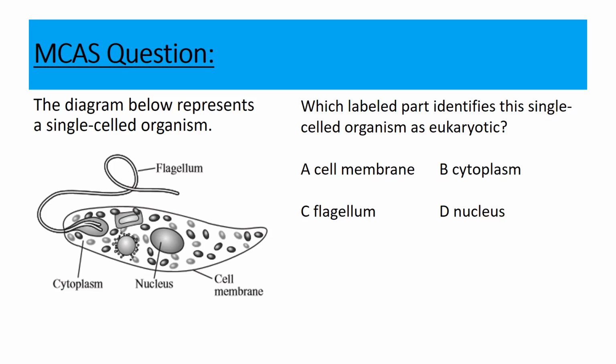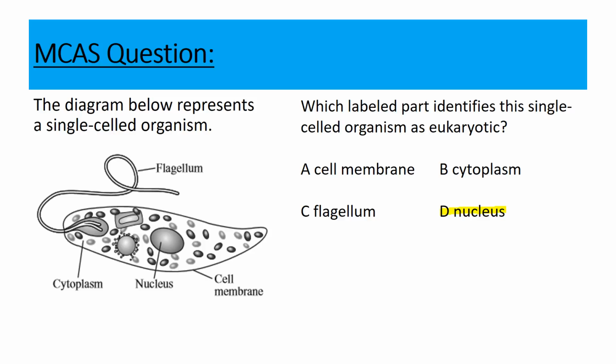The diagram below represents a single-celled organism. Which labeled part identifies this single-celled organism as eukaryotic? A, cell membrane, B, cytoplasm, C, flagellum, or D, nucleus? And the answer is D, the nucleus.